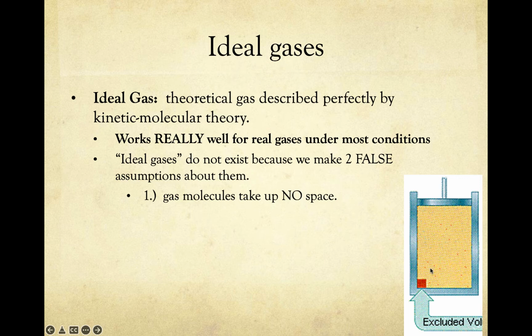So when we talk about gas volume, most of that volume is just the space between the particles. This diagram here is showing that if we took all of the gas particles in this container and condensed them down into a solid, they take up just a tiny, tiny fraction of this entire container. So we can ignore the volume of those particles themselves.